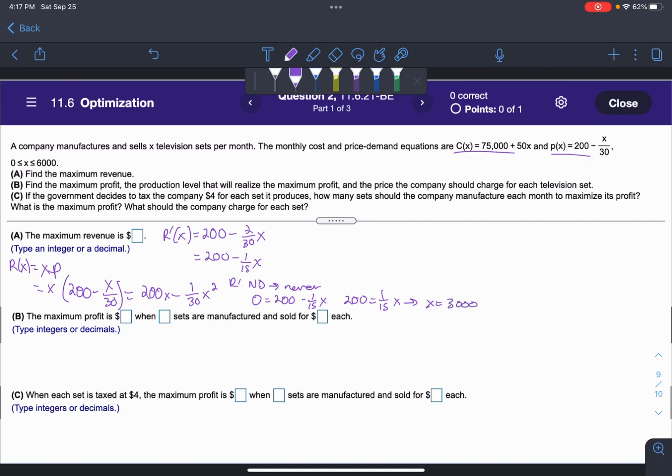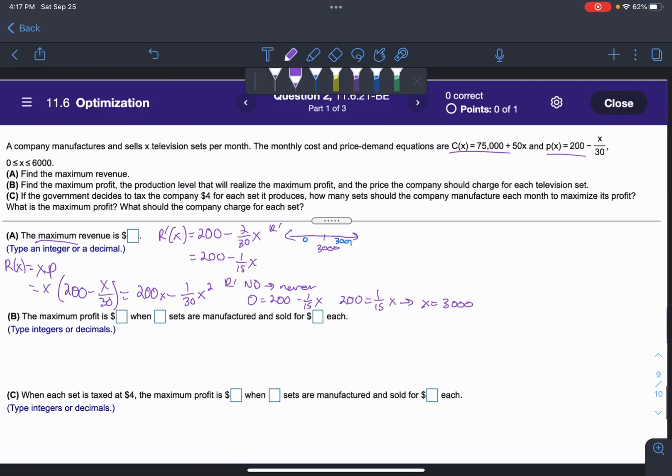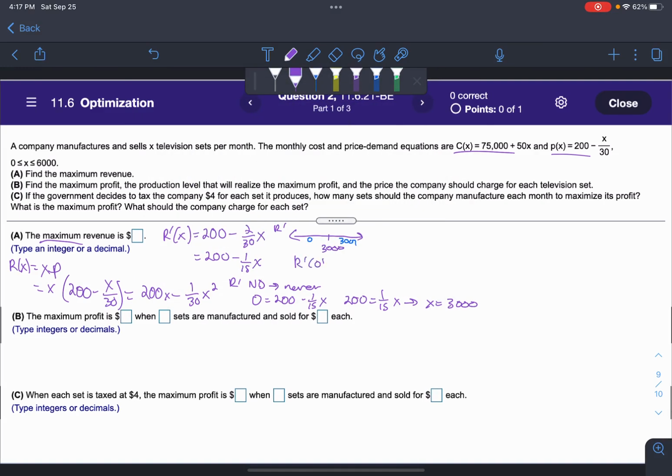All right, so let's see if 3,000 maximizes revenue. So for R prime, let's test 0 and 3,001. R prime of 0 gives me 200 minus 1/15 times 0.